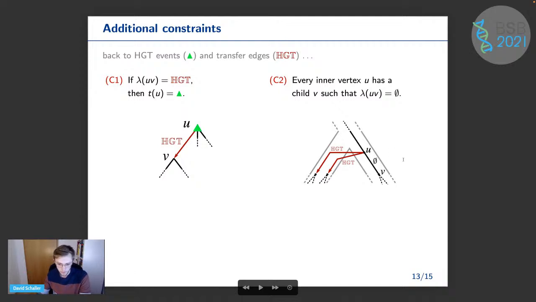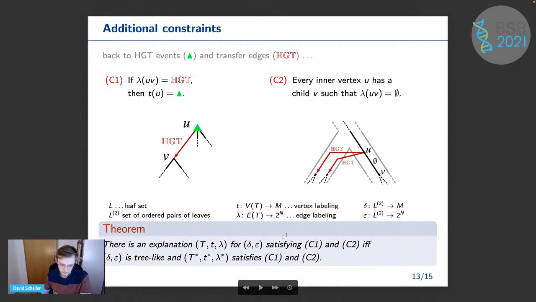What does it now mean for our tree-like pairs of maps? For a pair of maps delta epsilon, of the form that we've already seen, we would want an explanation for this pair of maps that also satisfies constraints C1 and C2.